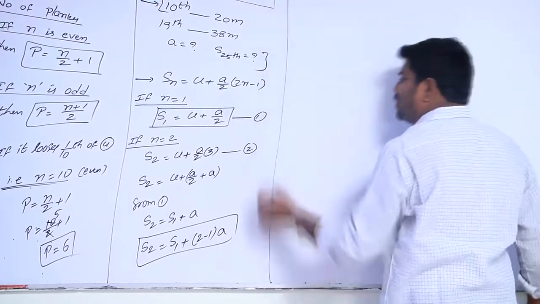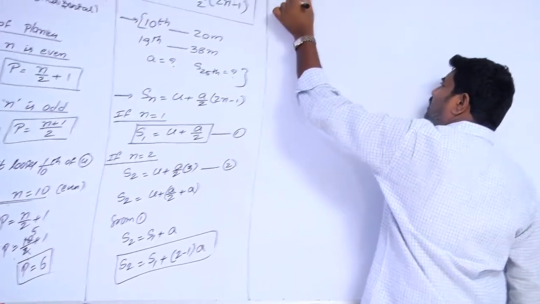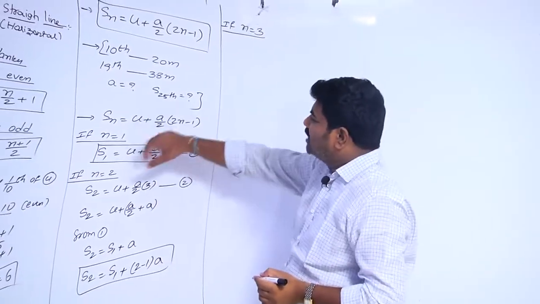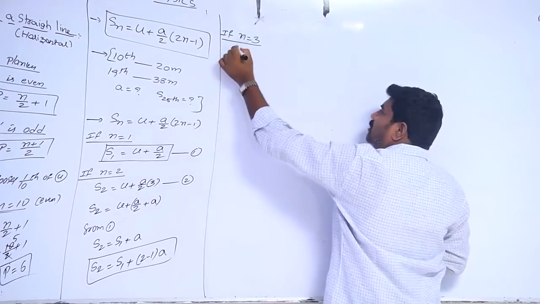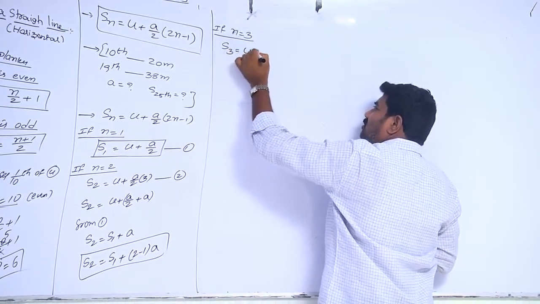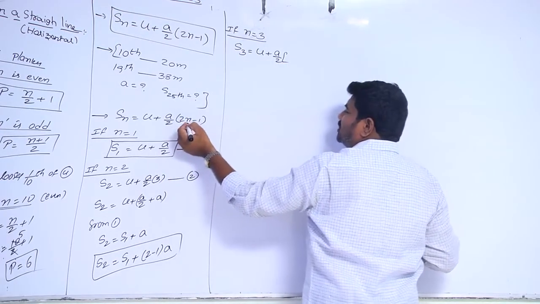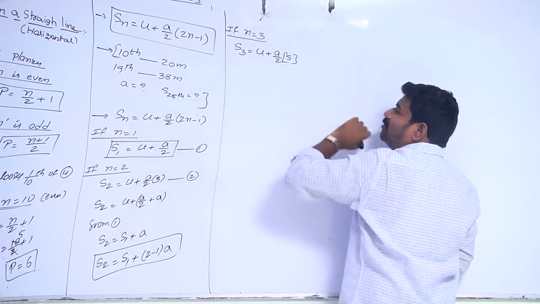Similarly, if n is equal to 3, what is the displacement in the third second? S3 is equal to u plus (a/2)(2 into 3 minus 1), 6 minus 1, that is 5.